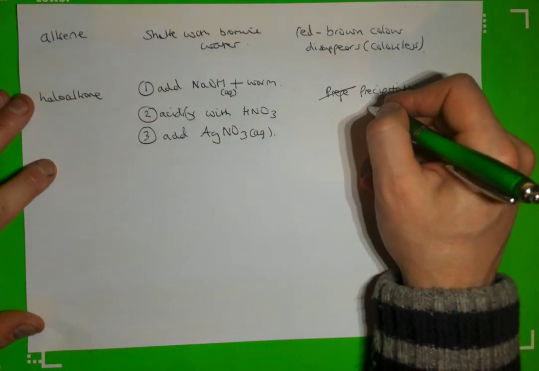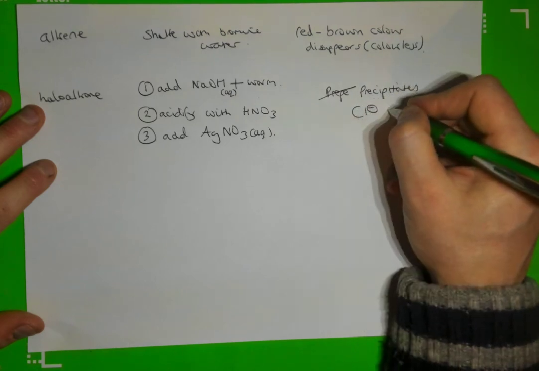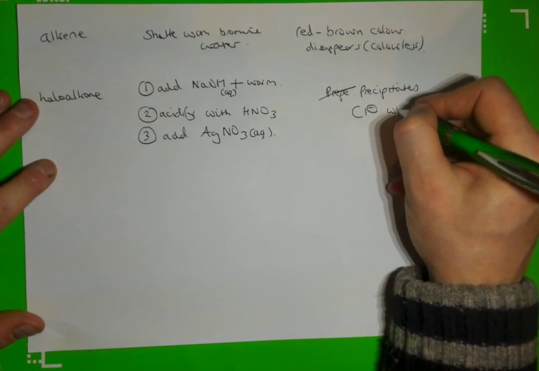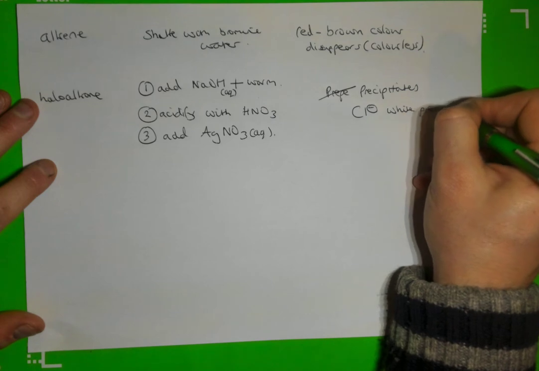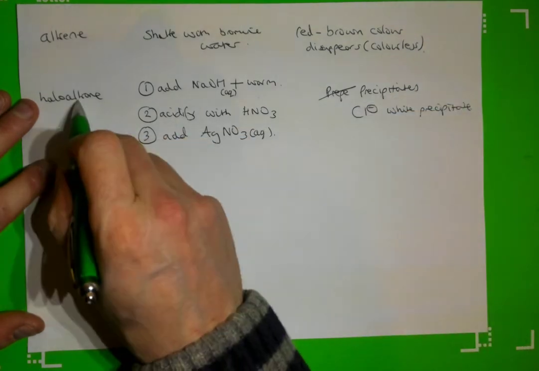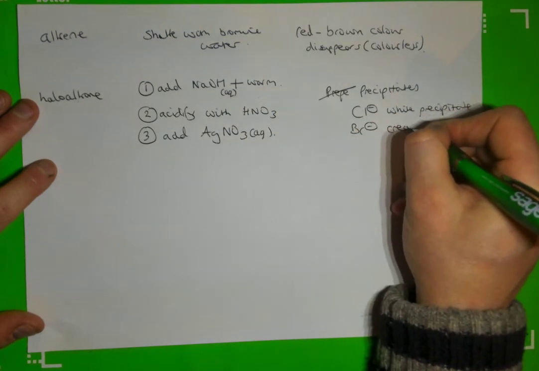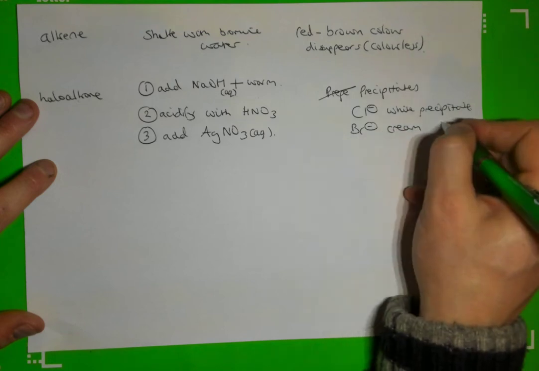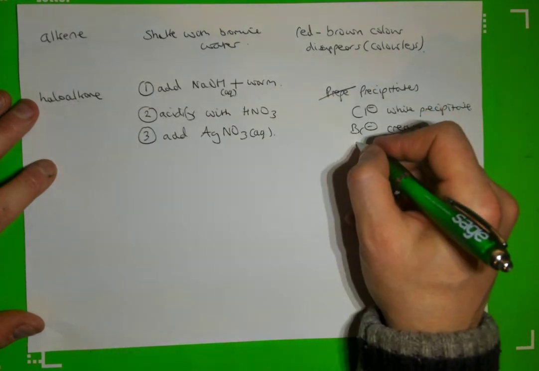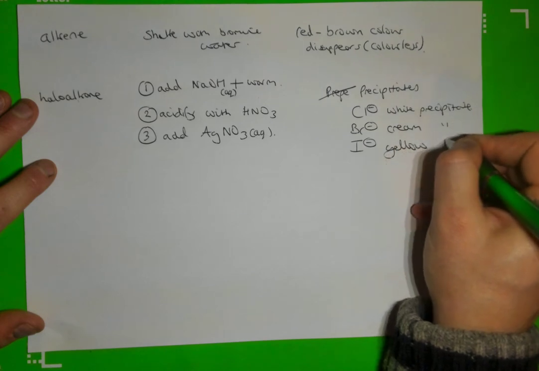If the haloalkane contained chloride ions, we'd get a white precipitate. If the haloalkane contained bromide ions, you get a cream precipitate. And if the haloalkane contained iodide ions, you get a yellow precipitate.